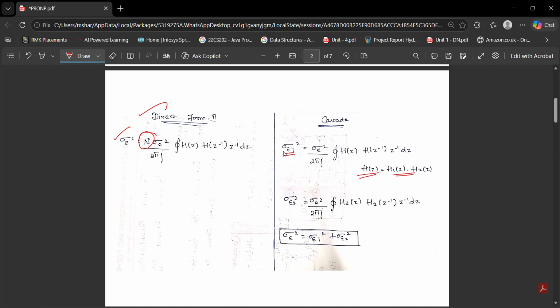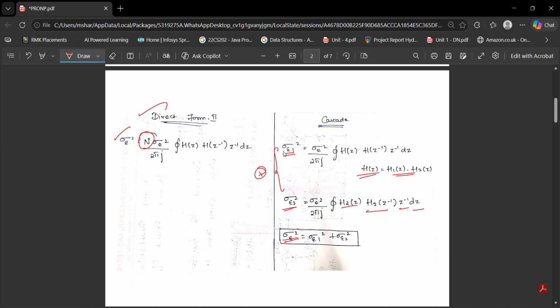Next, we will calculate sigma epsilon 2 square, where the formula is sigma e square by 2 pi j closed contour integral of H2 of z inverse into dz. Finally, to get sigma epsilon square, we will add both.